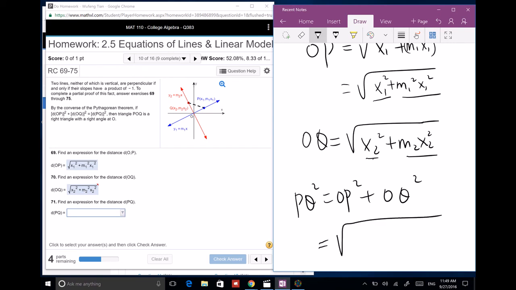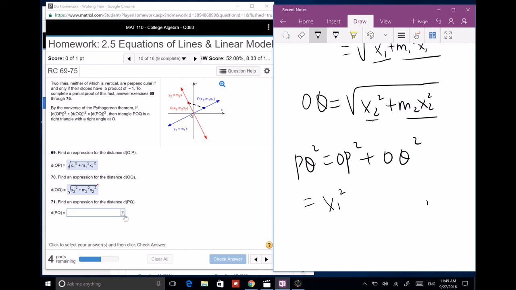If you use the distance formula directly for those two points, the first is x1, m1 x1, and the other is x2, m2 x2.